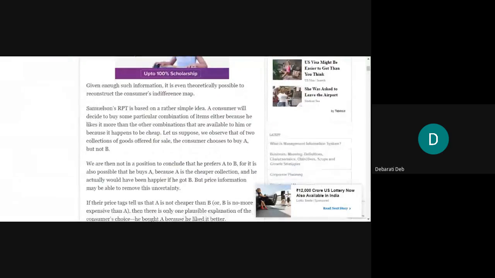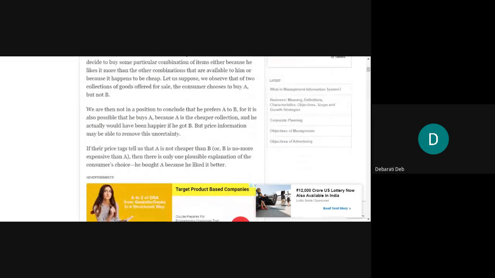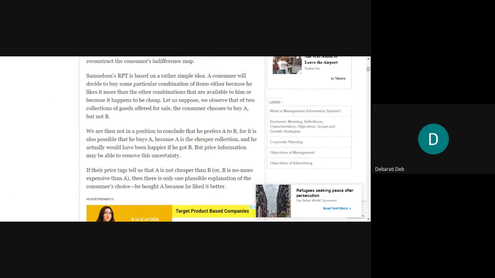We started with a discussion that suppose a consumer is buying a product A and he is not buying product B. If we don't know the price tag, then we are not in a position to conclude that he is preferring A to B, because it can also be possible that the consumer is buying A just because A is a cheaper good than B. This can also happen.